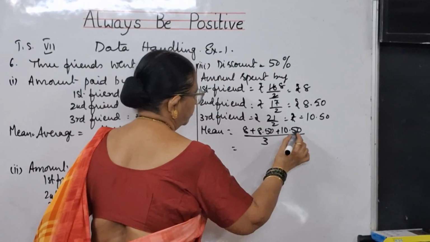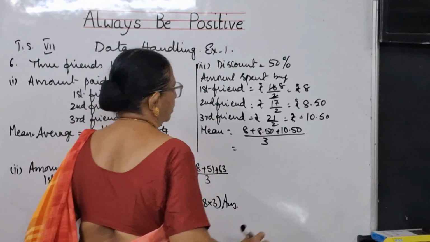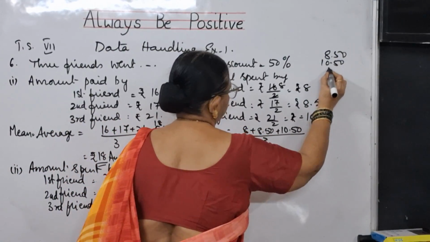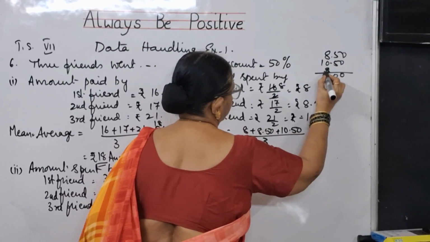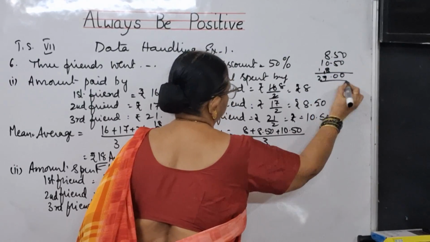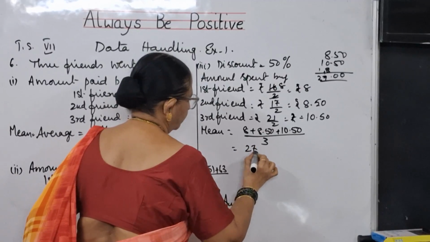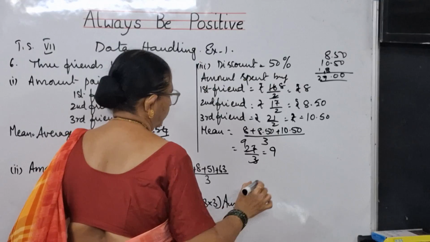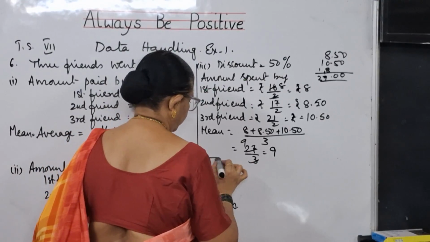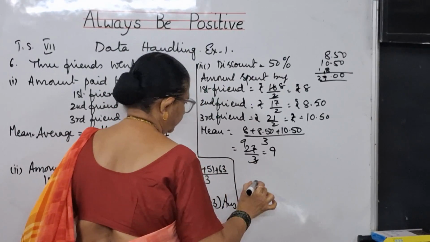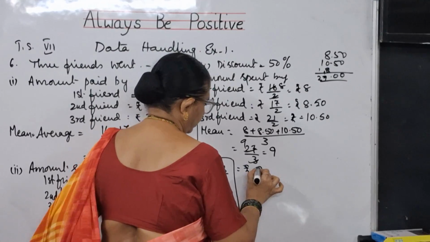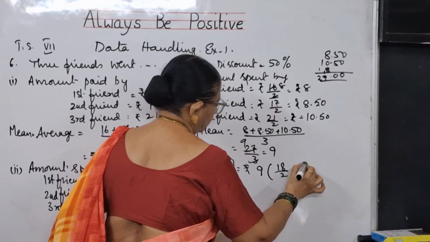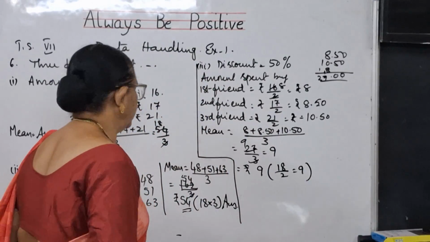That is equal to how much? 27 by 3, 3 nines are 27. So mean is nothing but this is equal to rupees 9. How are you getting rupees 9? 18 by 2 is equal to 9. So original amount is 18.